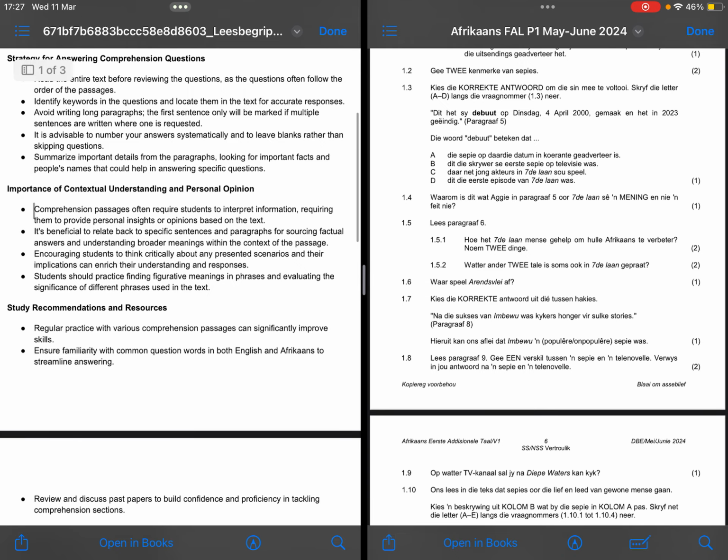So when we talk about the importance of contextual understanding and personal opinion, comprehension often requires you to interpret information, requiring you to provide personal insights or opinions based on the text. So it's always beneficial to relate back to specific sentences and paragraphs for sourcing factual answers and understanding broader meanings.